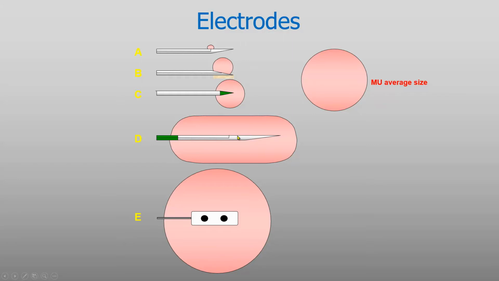That is a very big piece of metal that is already in the muscle when we do EMG, and the uptake area of this is certainly as long as the electrode. And here is the surface electrode that can more diffusely see a large number of motor units under the skin, about 1 or 2 centimeters under the skin.